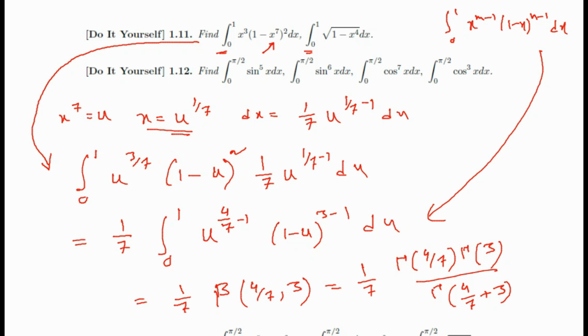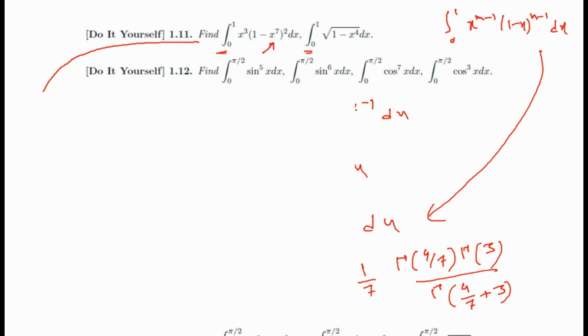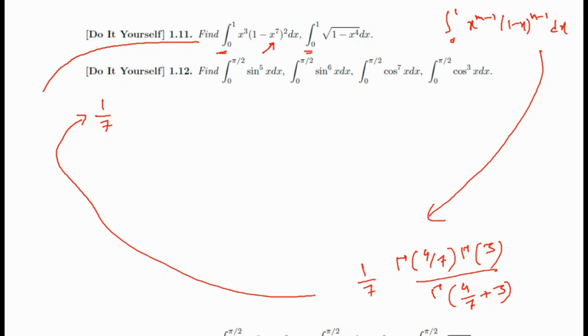Now let's clear the board first. We have 1 by 7, and gamma 3 is factorial 2, so 2 by 7 into gamma 4 by 7 by gamma of, that means you can write it as 4 by 7 plus 2 plus 1, because we will use the formula gamma(n plus 1) equals n gamma n.